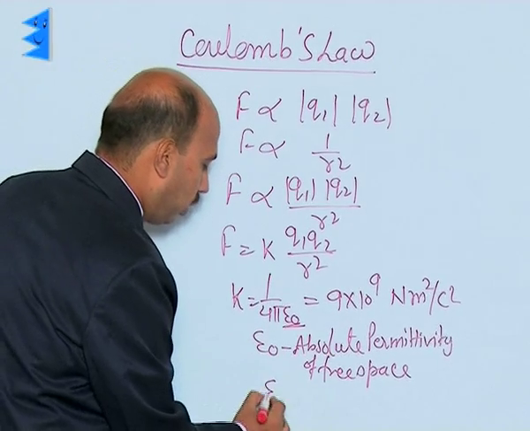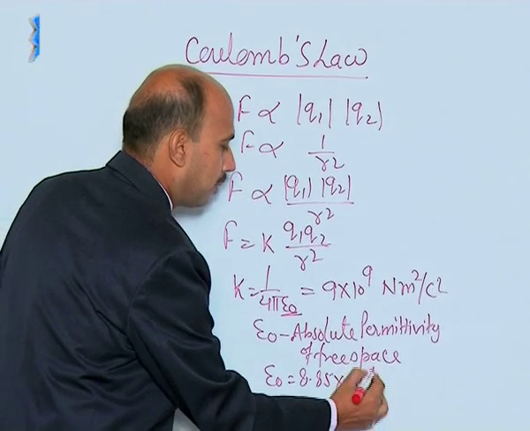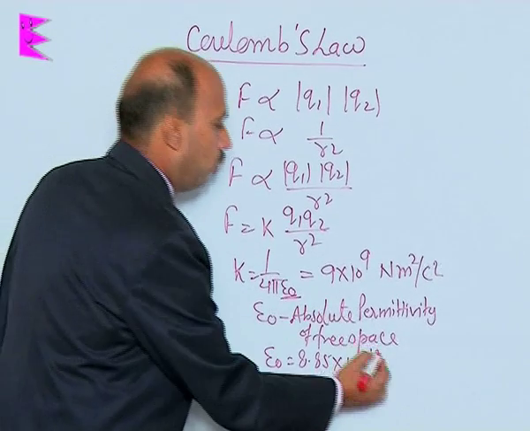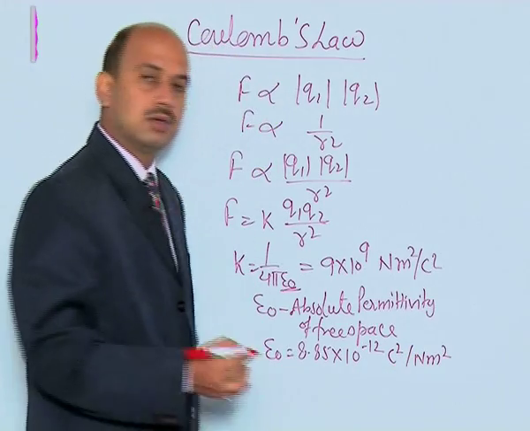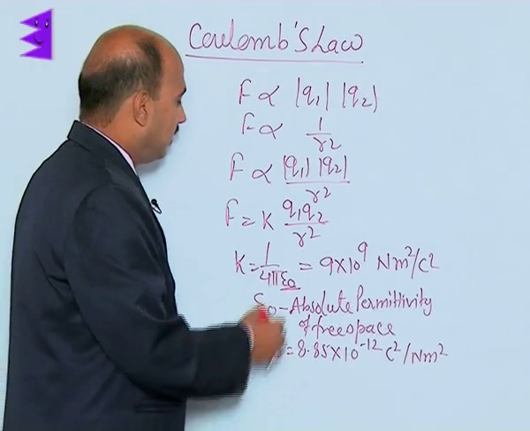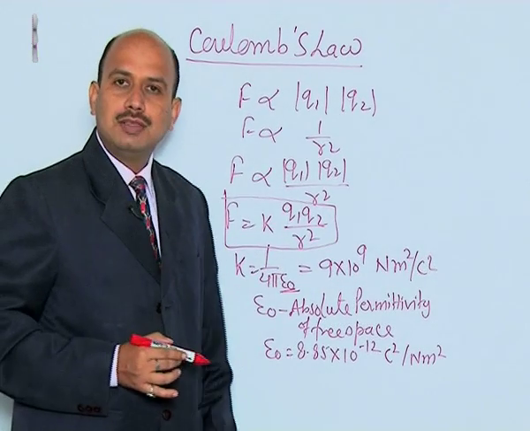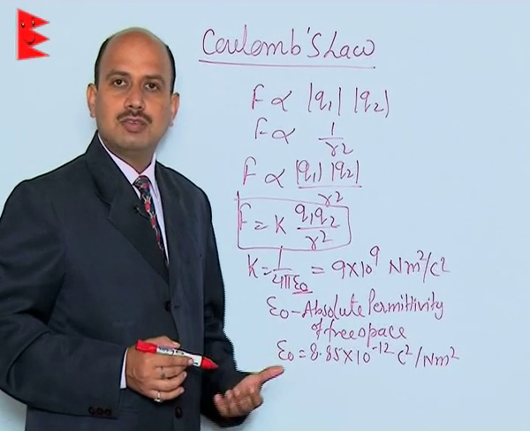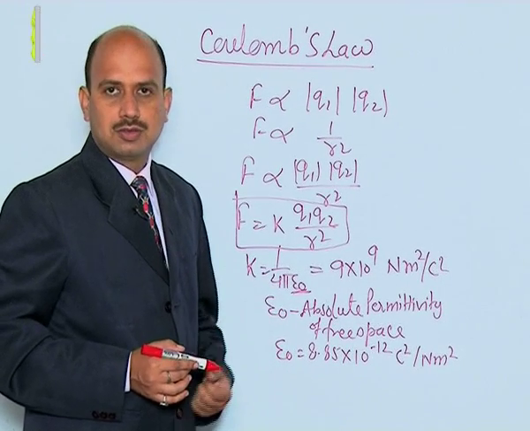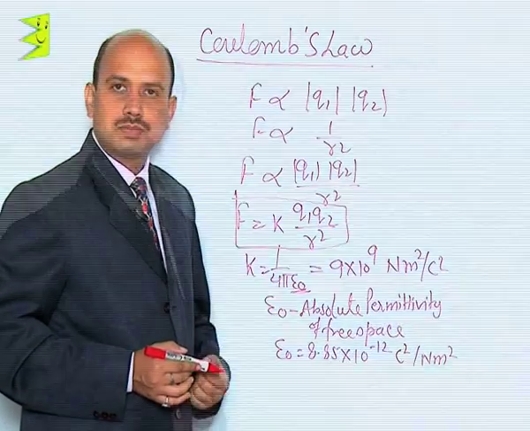Value of epsilon naught is 8.85 into 10 raised to power minus 12 Coulomb square per Newton meter square. So this is the electrostatic force acting between the two point charges. This force can be attractive as well as repulsive depending on the sign of the charges. So this is actually the scalar form of Coulomb's law.